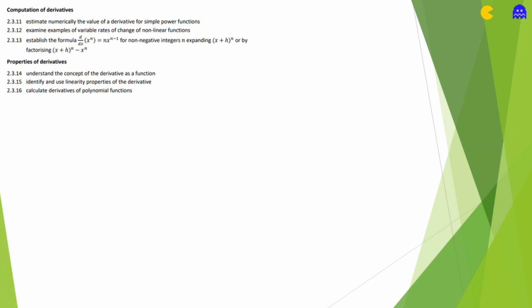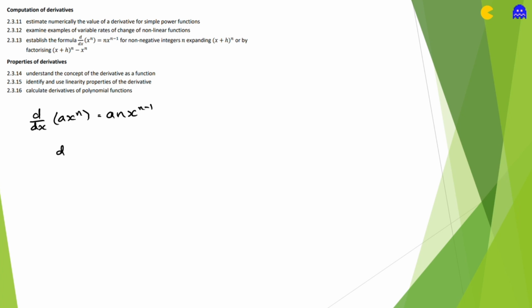Alright, so the next thing I want to do now is understand the concept of the derivative as a function. If we had a look at the power rule, we saw that the derivative of a x to the n is equal to a n x to the n minus 1.